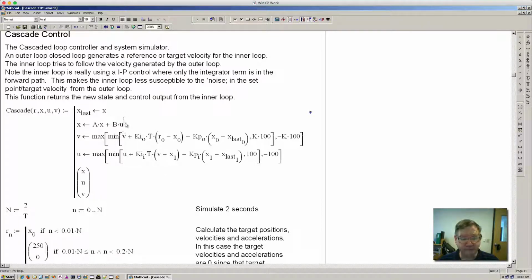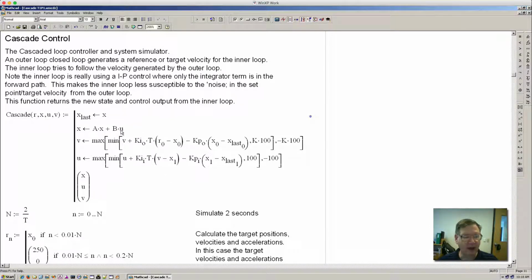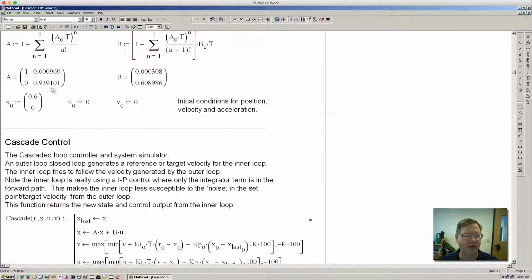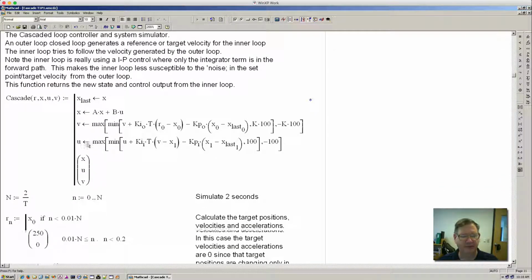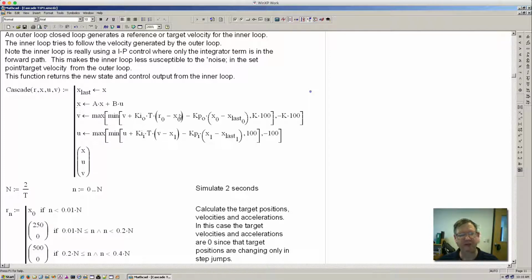What I got here uses the control output from the loop before to calculate a new state. So it's calculating a new position and velocity. It's a 2x2, so we calculate positions and velocities. Then we're calculating the outer loop first.